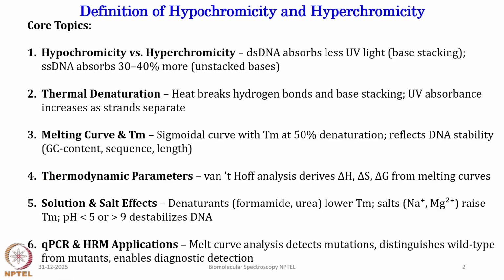Subsequently, we are going to touch upon the effect of different kinds of solvents and salts, like denaturants, urea or formamide, which can lower the temperature, the salt, right, what is the effect of salt or pH, all those, and how we can use this concept in quantitative PCR and HRM methods, and how we can use this melt curve analysis to detect what kind of mutation, whether it is a stabilizing mutation or destabilizing mutation, which can distinguish the wild type from the mutant, and this can enable us as a diagnostic tool.